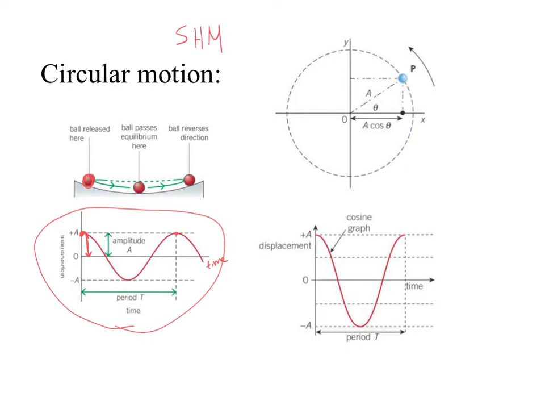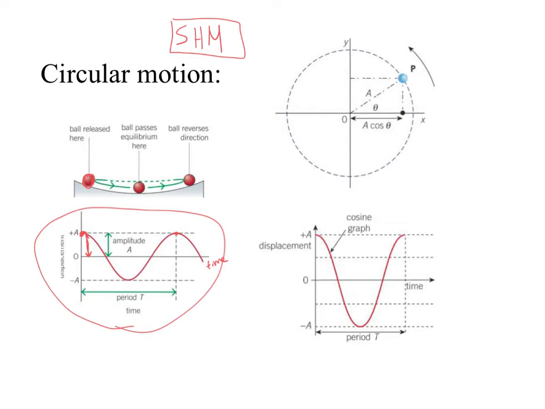Mostly the reason is that it's much easier to analyze mathematically, and even though there are loads of different oscillations that could involve 2D or even 3D, we don't look at that in this course. So we will only be focusing on one type of oscillation, which is simple harmonic motion.